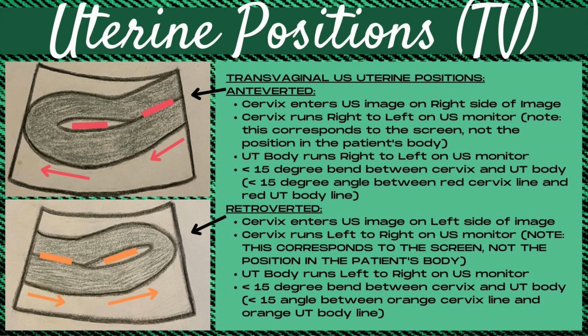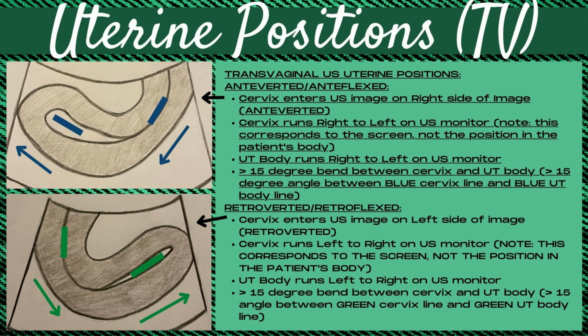There's going to be a less than 15-degree bend between the cervix and the body of the uterus. And this is demonstrated by the orange line in the cervix and the orange line in the body of the uterus. There's less than a 15-degree angle between these two lines. The next transvaginal uterus position is anteverted and anteflexed, and this is in the top image.